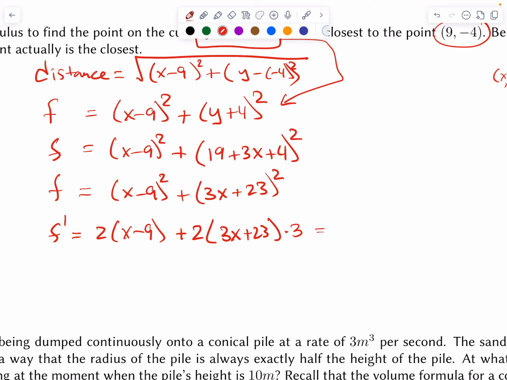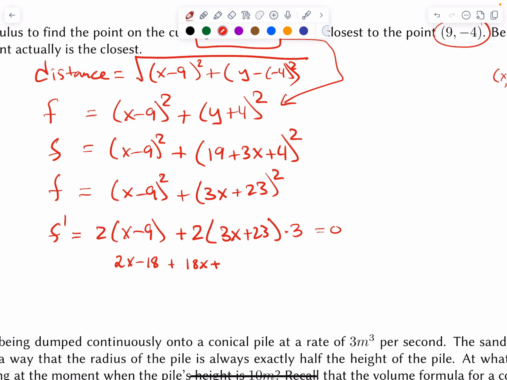Okay, so I've got this. I want to find critical numbers, so I'm going to set this equal to 0. Now I have to do some algebra, but it's not bad. 2x minus 18, 6x, I almost forgot the 3 there. 3 times 2 times 3, that's 18x. Oof. 6 times 23, what is that going to be? 144?